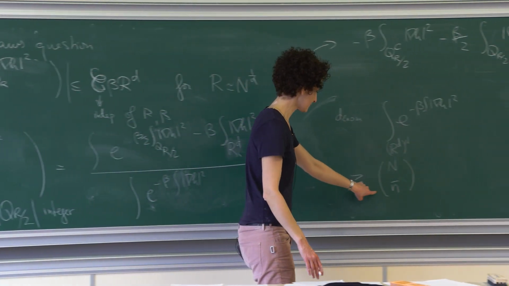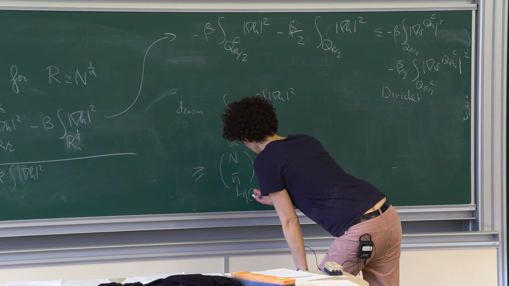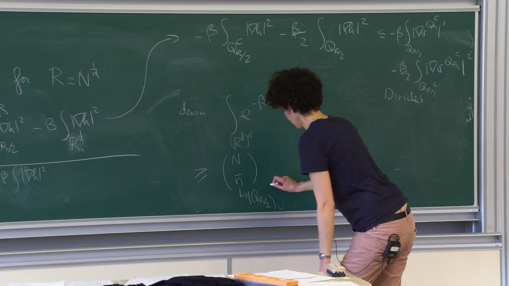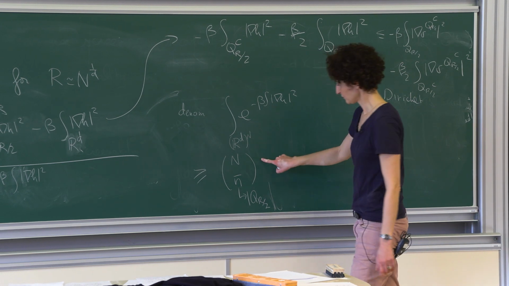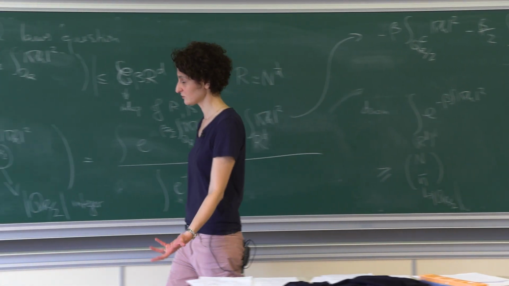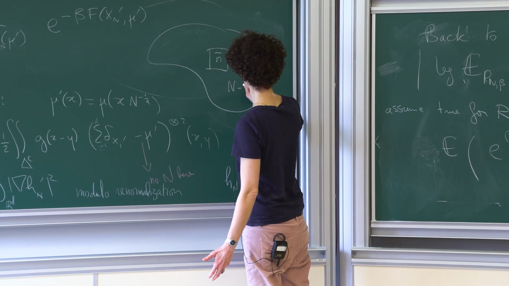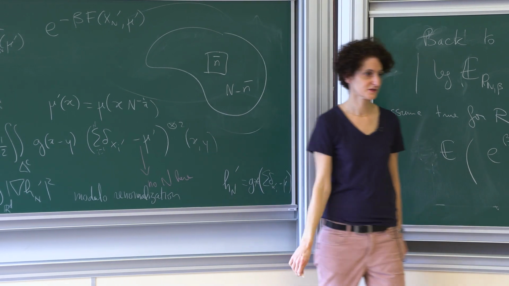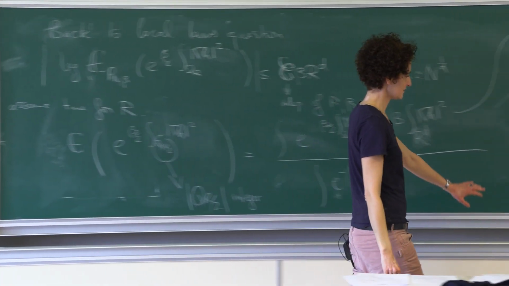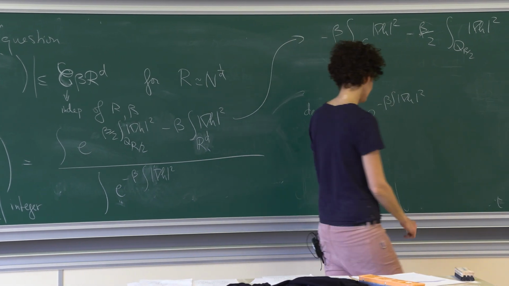You have a combinatorial factor, and this thing is the volume of the cube. So it's really the ways that you can distribute the labels of your particles, knowing that you have n bar particles here and n minus n bar particles outside. So this is the number of labelings of your partition.